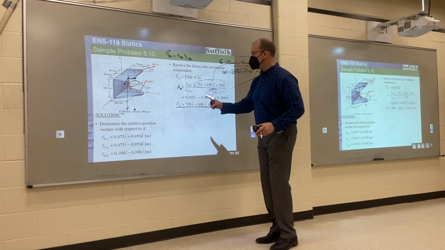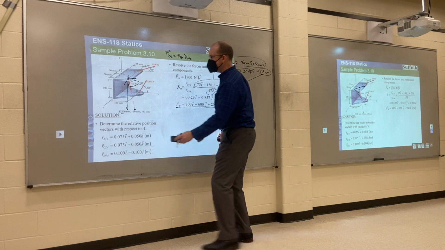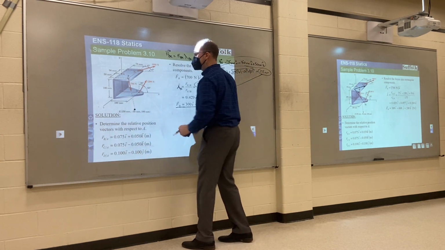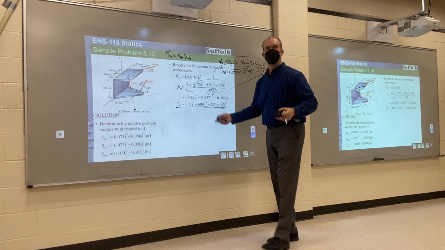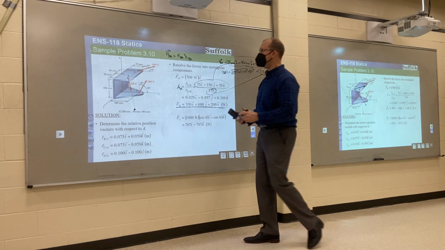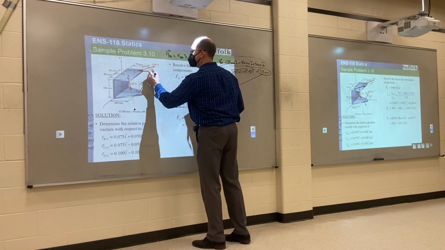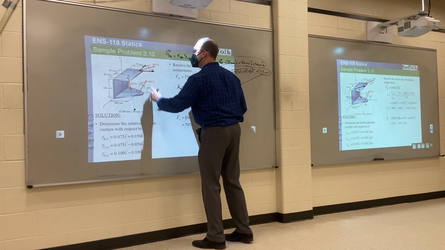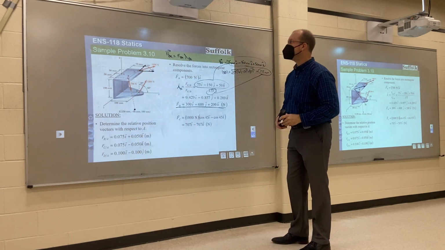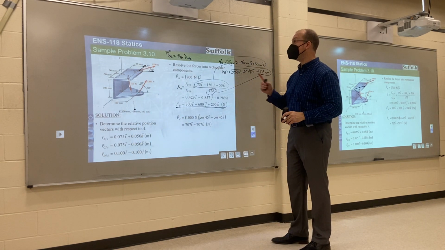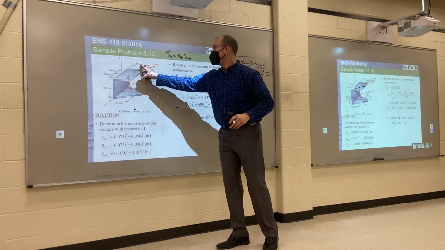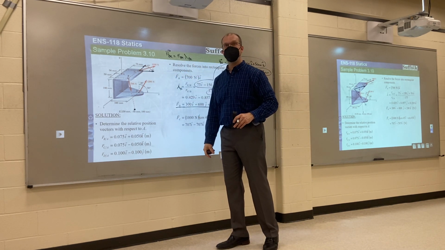Now that I have that, I can just resolve these using the simple right-angle trick. So FC is 1,000 cosine of 45, 1,000 sine of 45. But the sine of 45 is going to be a negative value.